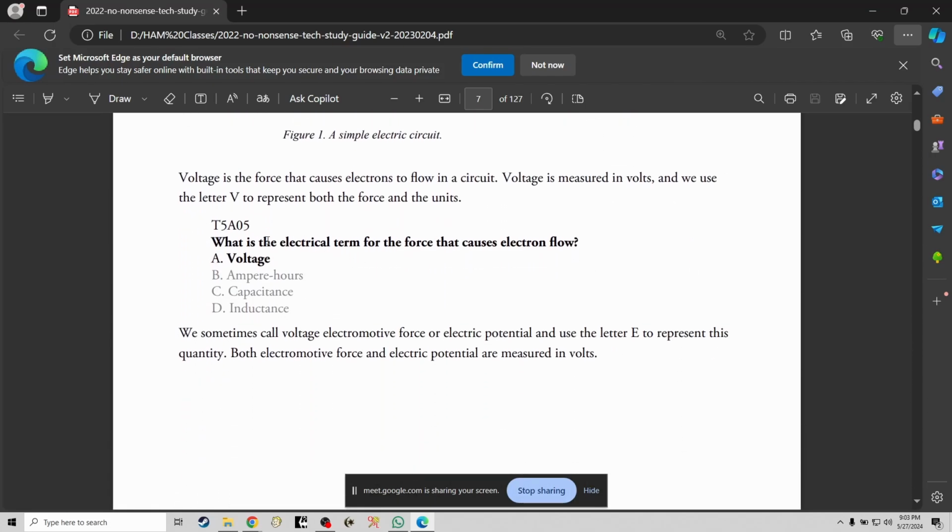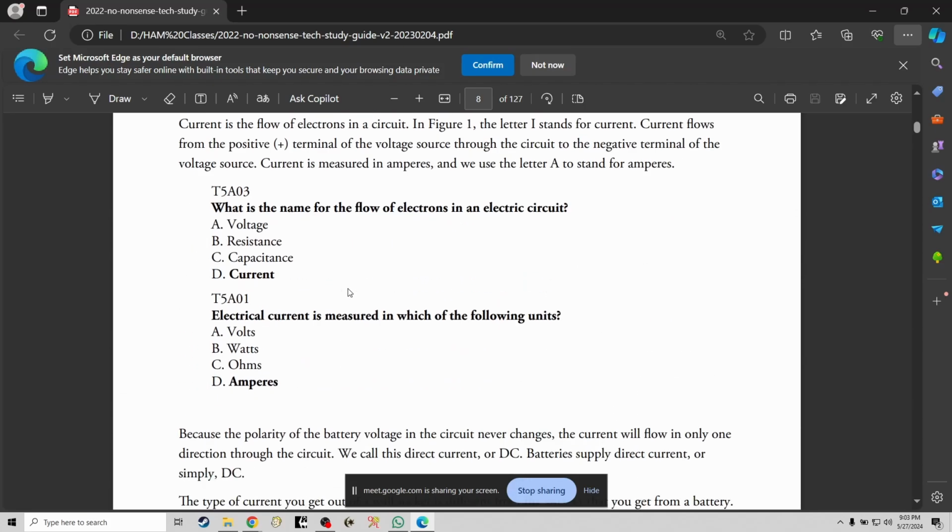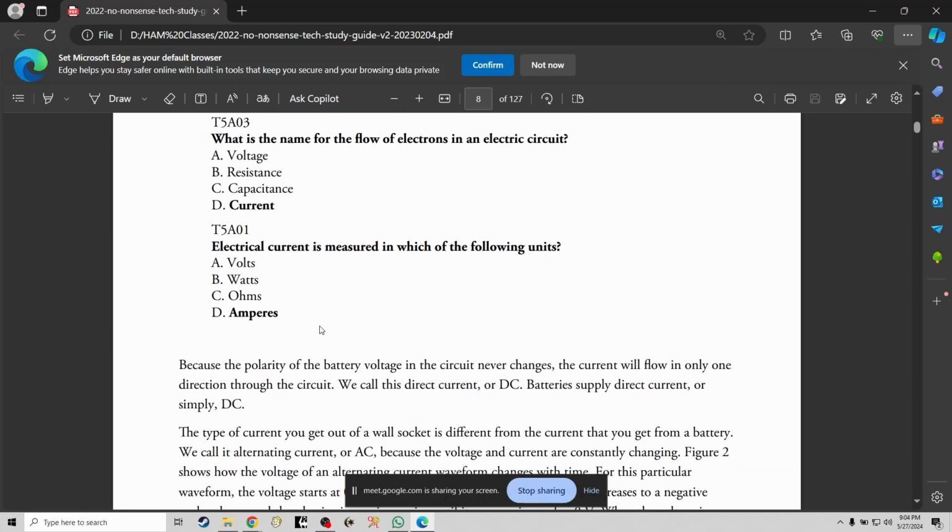What is voltage? What is the electrical term for the force that causes the electrons to flow? That's of course voltage. What is the name of the flow of electrons in an electrical circuit? That's current.